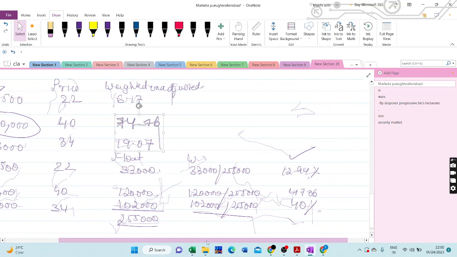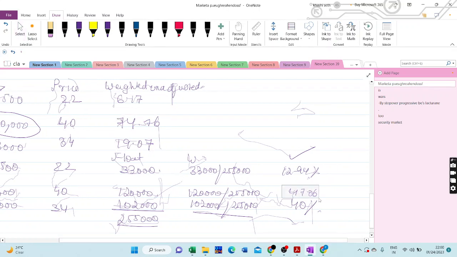But weight of stock B reduced to 47.06 in the float adjusted market cap index. So what do you mean? What is the interpretation of what we are seeing right now? Guys, what is the interpretation?